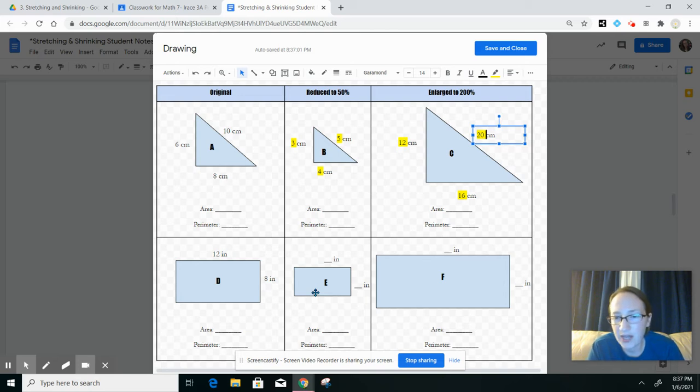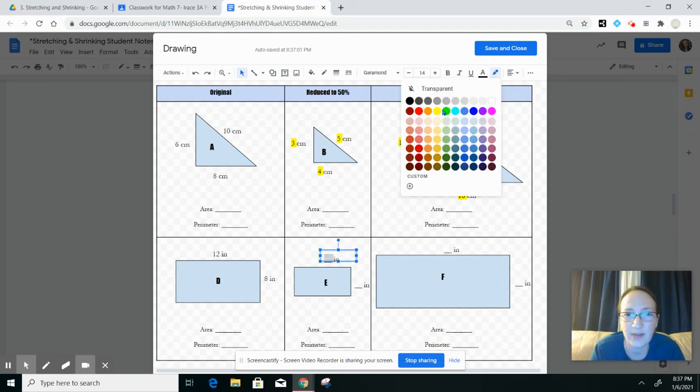While we're at it, let's go ahead and take care of these rectangular examples as well. We'll get into the area and perimeter in just a minute. Okay, so, oops. Sorry, I thought I had labeled all of these A, B, and C. Okay, we're working on rectangle D. Sorry about that. All right, so rectangle D, the original sides are 12 and 8. We're going to cut those by 50%. So we're finding half of 12, multiplying by 0.5, same idea.